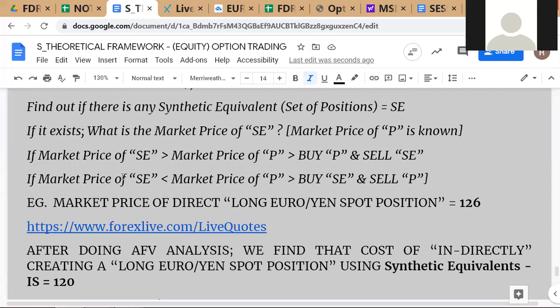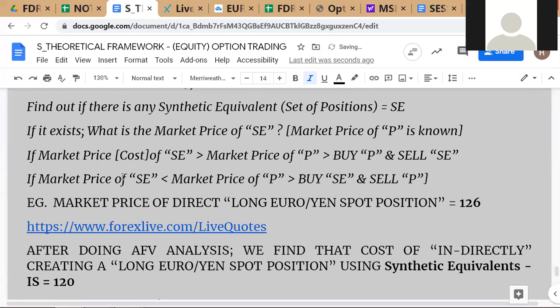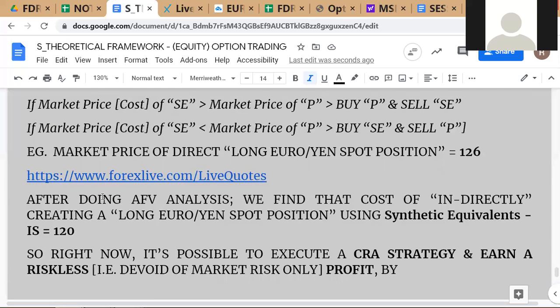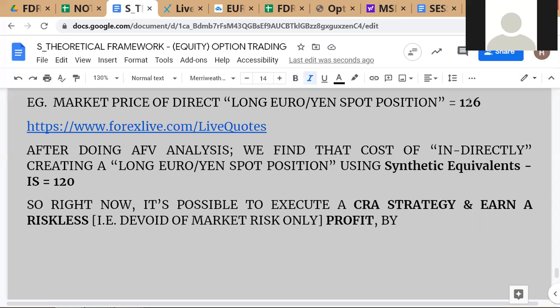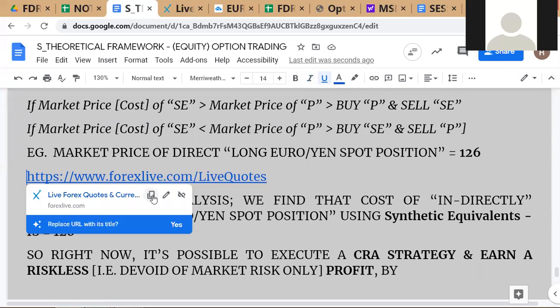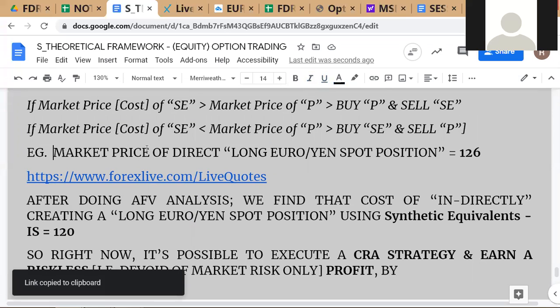this actually should be clarified as cost, as in cost of creating the synthetic equivalent is, okay. So here we find that the market price is 126, and after doing AFB analysis, let me just copy this here, save some space.